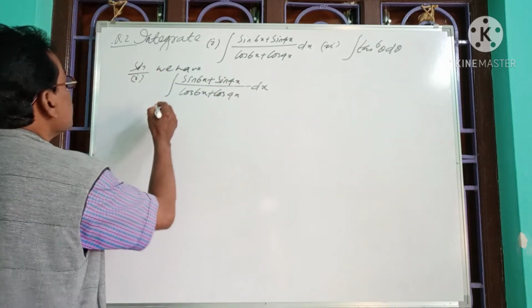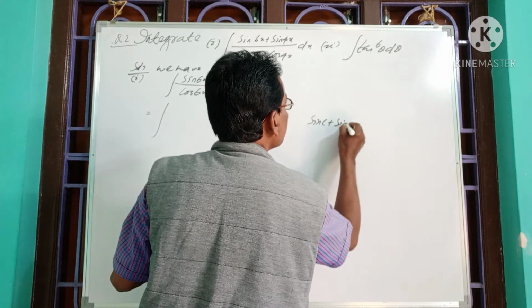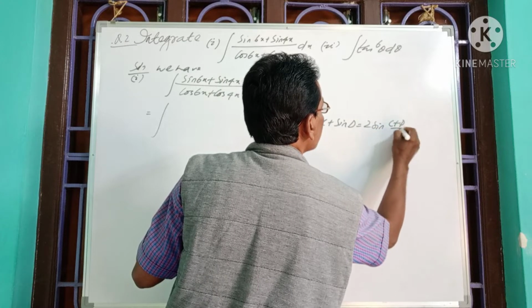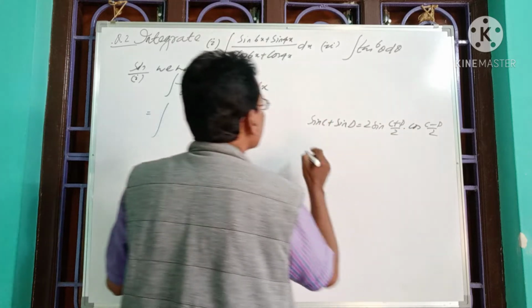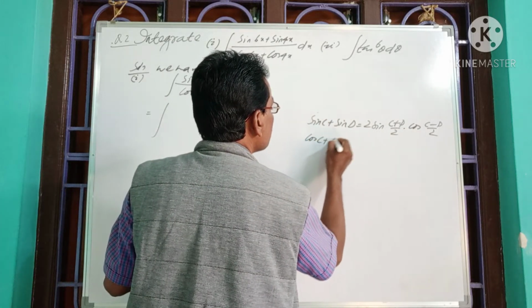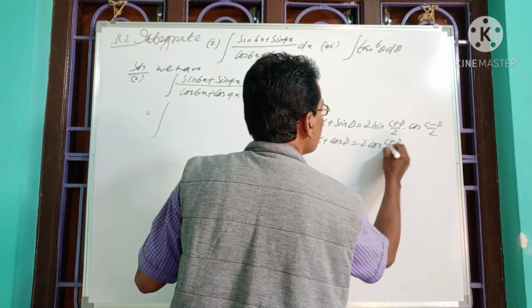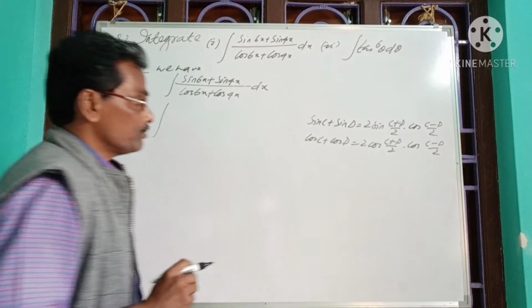We know that sin c plus sin d is equal to 2 sin of (c plus d) by 2 into cos of (c minus d) by 2. Again, we know that cos c plus cos d is equal to 2 cos of (c plus d) by 2 into cos of (c minus d) by 2.